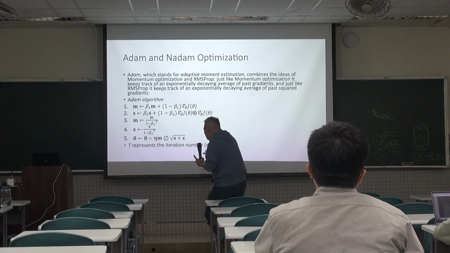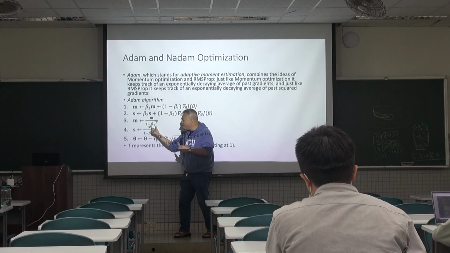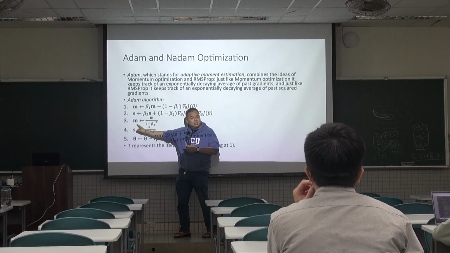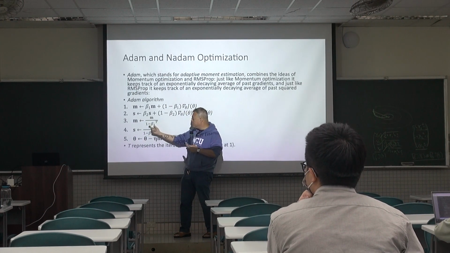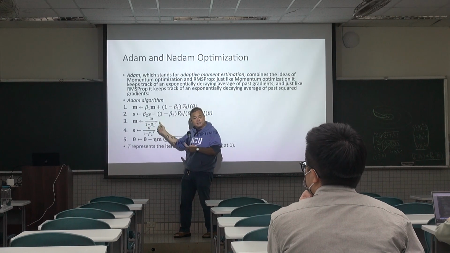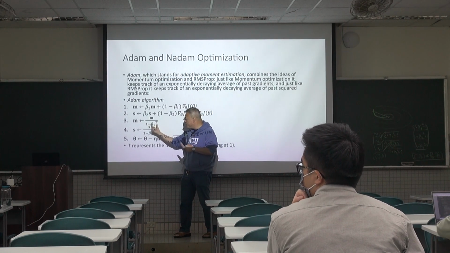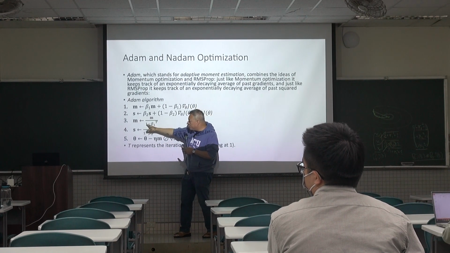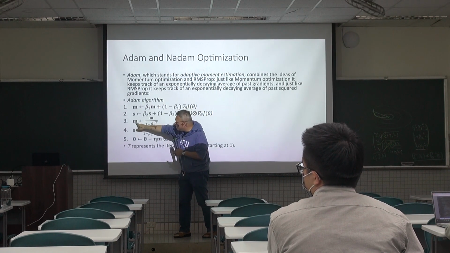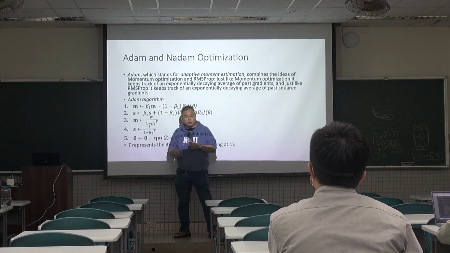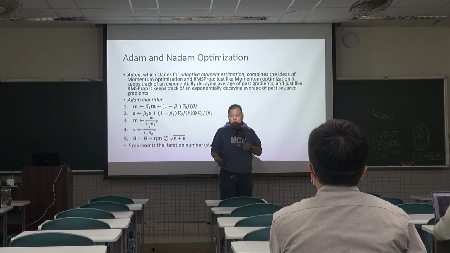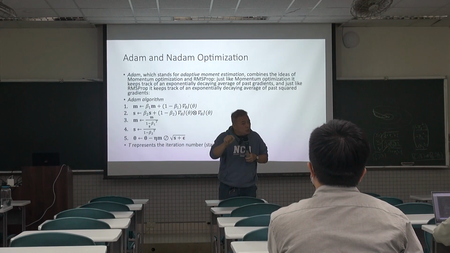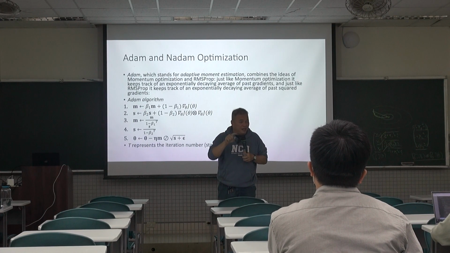So when this value goes close to 0, what happens? Pretty much you get M equal to M, because the denominator becomes 1. When this term is close to 0, 1 minus this term is close to 1, and the value M will be unchanged. So only at the initial stage, M gets enlarged.